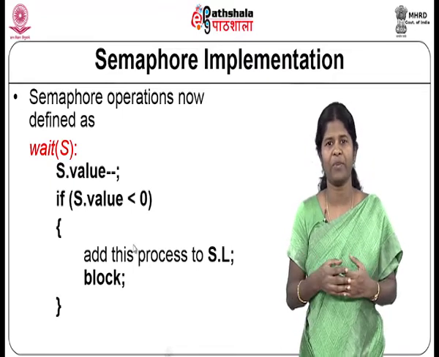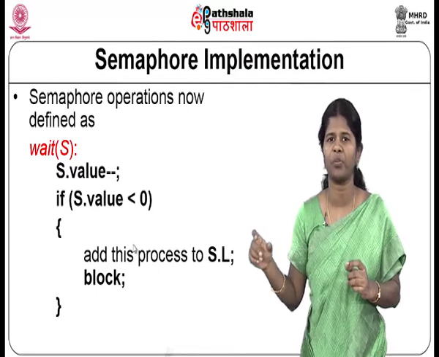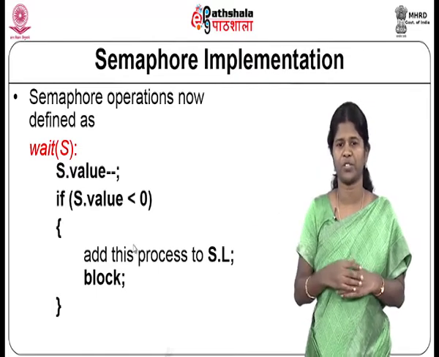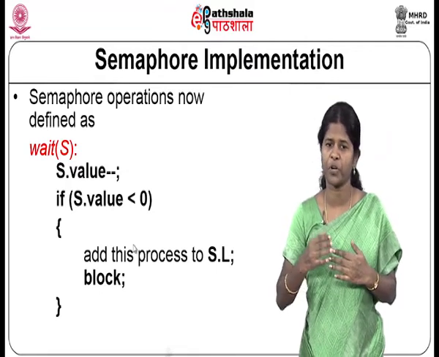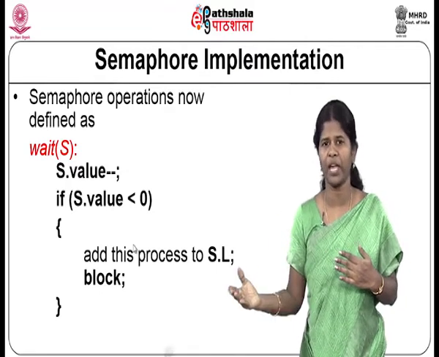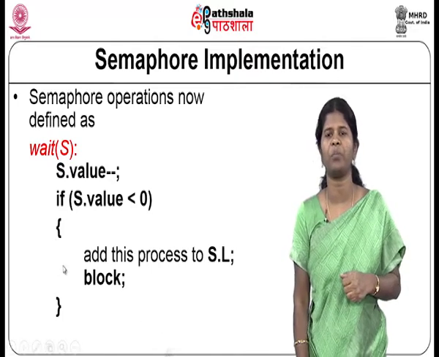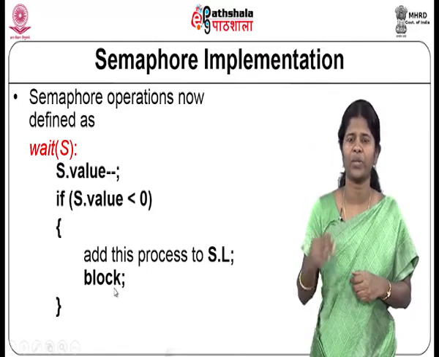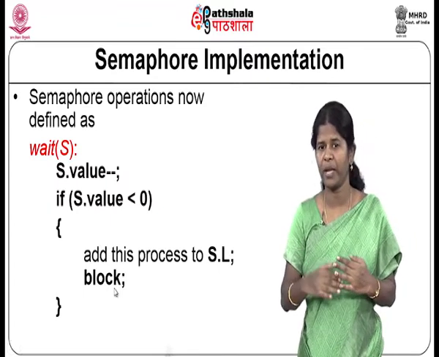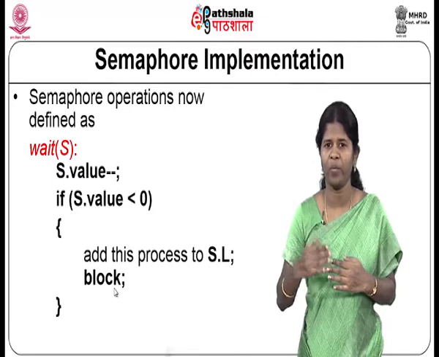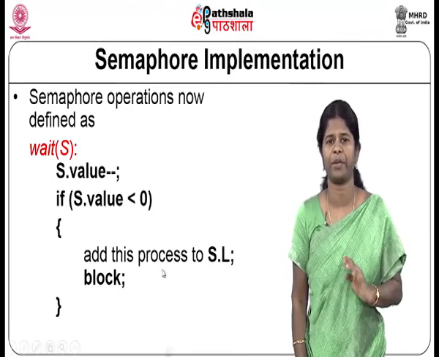This list can even be something like a list of process control blocks corresponding to each process. You add this process to the end of the list, and that process is put to the block state or moved to the waiting state, and it will be woken up only when this semaphore becomes available. Till then it is put to the sleeping state.